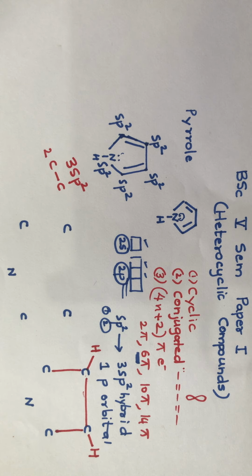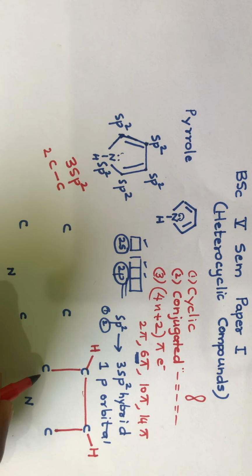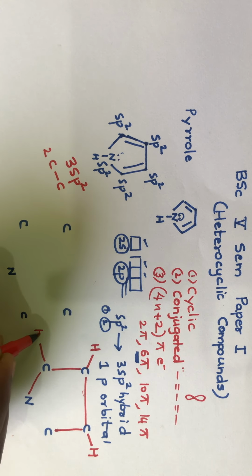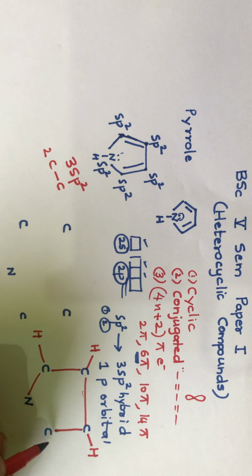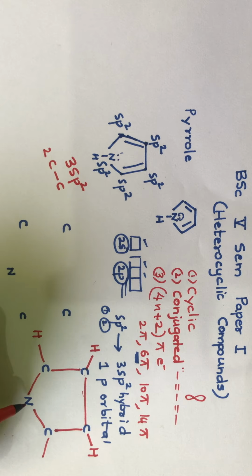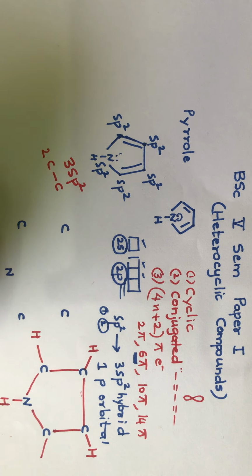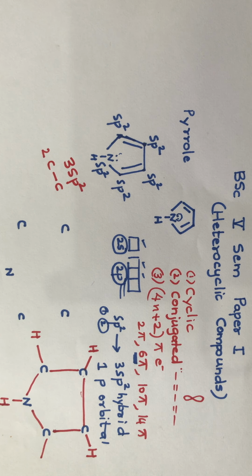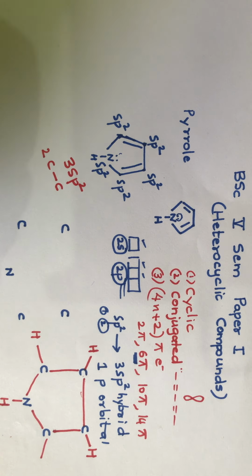Similarly for this carbon: one sp2, two sp2, third sp2. Nitrogen also the same: one sp2, two sp2, and another sp2. So in pyrrole, all the carbon and nitrogen atoms utilize their sp2 hybrid orbitals to form sigma bonds.